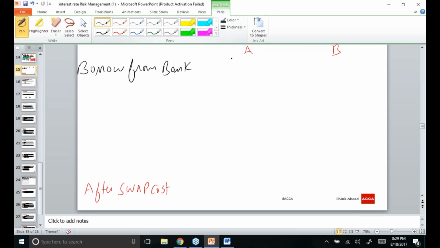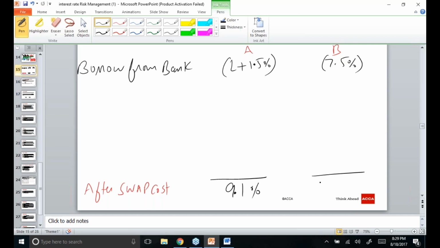Okay, company A has already borrowed at LIBOR plus 1.5%. Company B has already borrowed at 7.5%. And the final cost of company A is 9.1% and LIBOR plus 0.1%. We have performed this step in the previous slide.